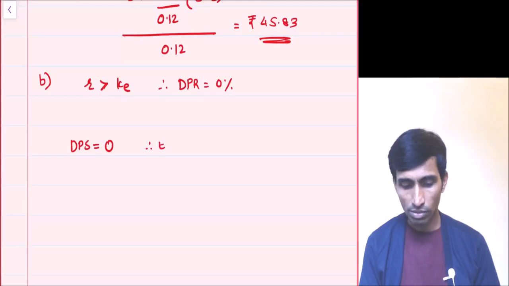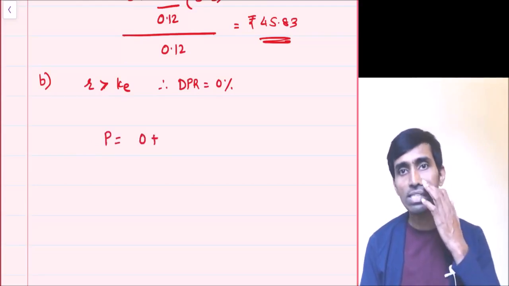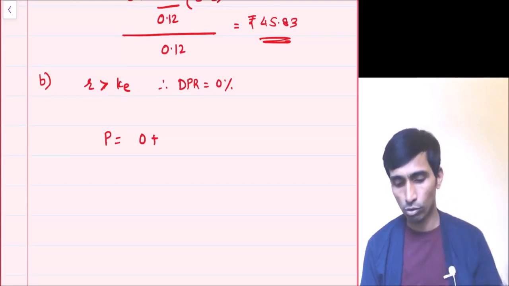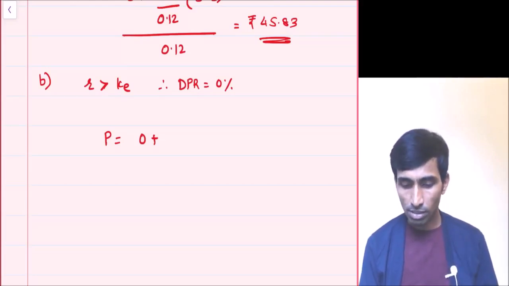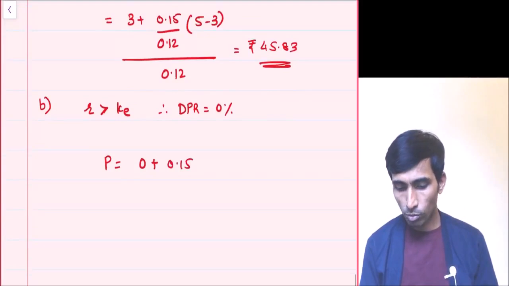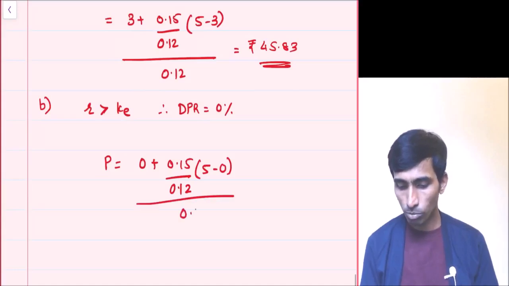EPS we know. Directly I will apply the formula. P is equal to dividend will be 0, plus, okay, payout is 0. So 0 plus 0.15 upon 0.12, that is R upon K, into 5 minus how much is the dividend paid? 0. So divided by 0.12.